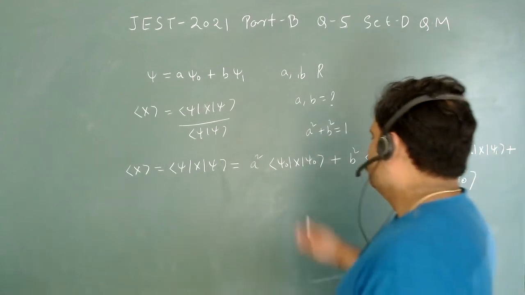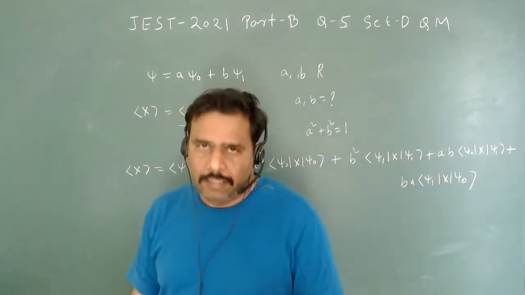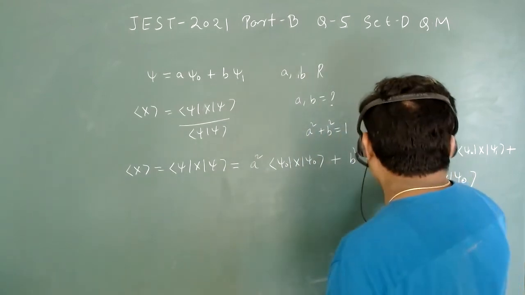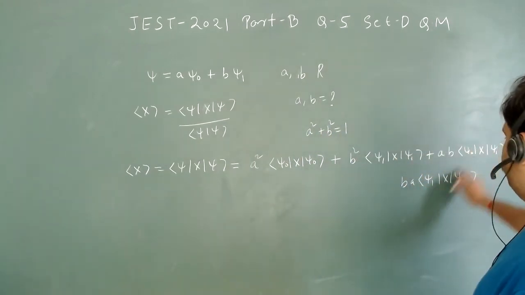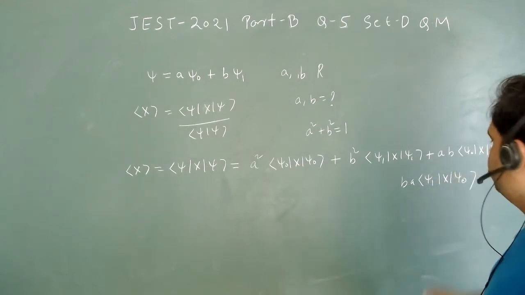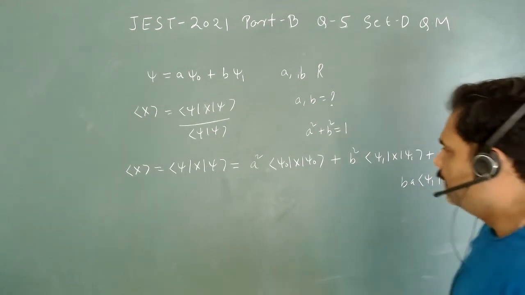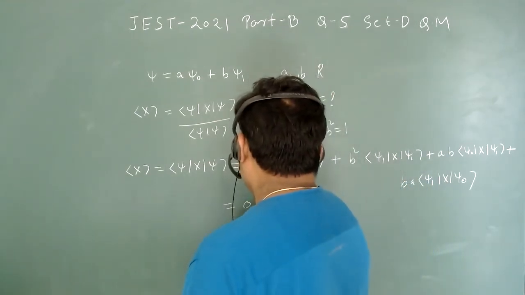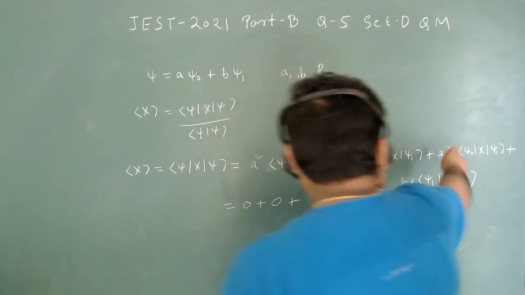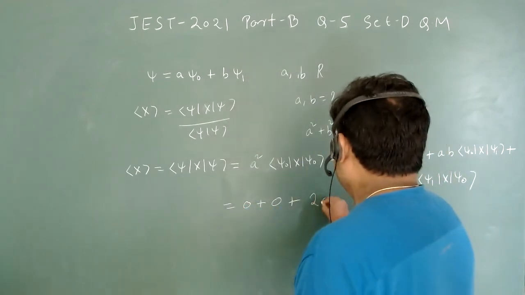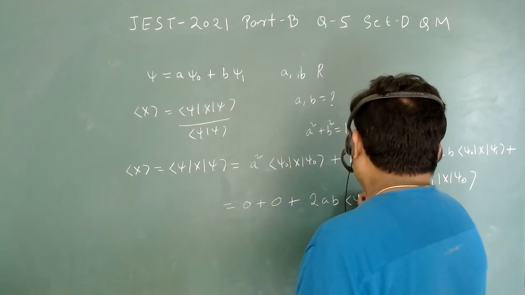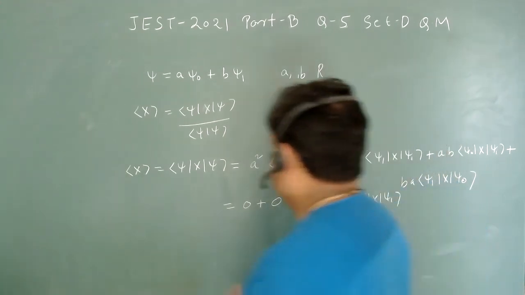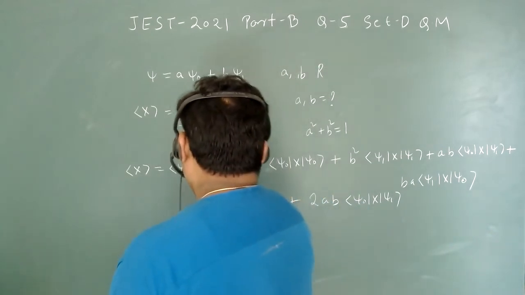We know the expectation value of X on the ground state is 0, and on the first state it is also 0. The two cross integrals are the same. So the first term is 0, the second term is 0, and these two terms are the same, so we have 2AB psi naught X psi 1.